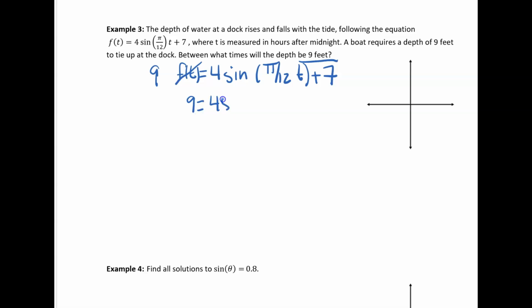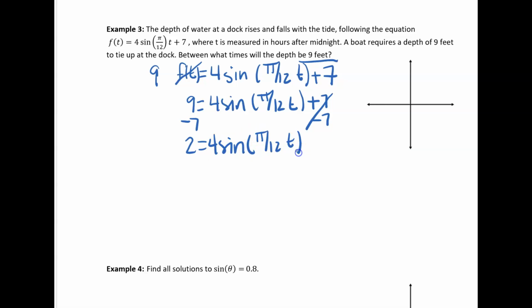So this gives me 9 equals 4 sine of pi over 12t plus 7. So I'm going to subtract 7 from both sides. That gives me 2 equal to 4 sine of pi over 12t. Divide by 4. So 1/2 equals sine of pi over 12t.